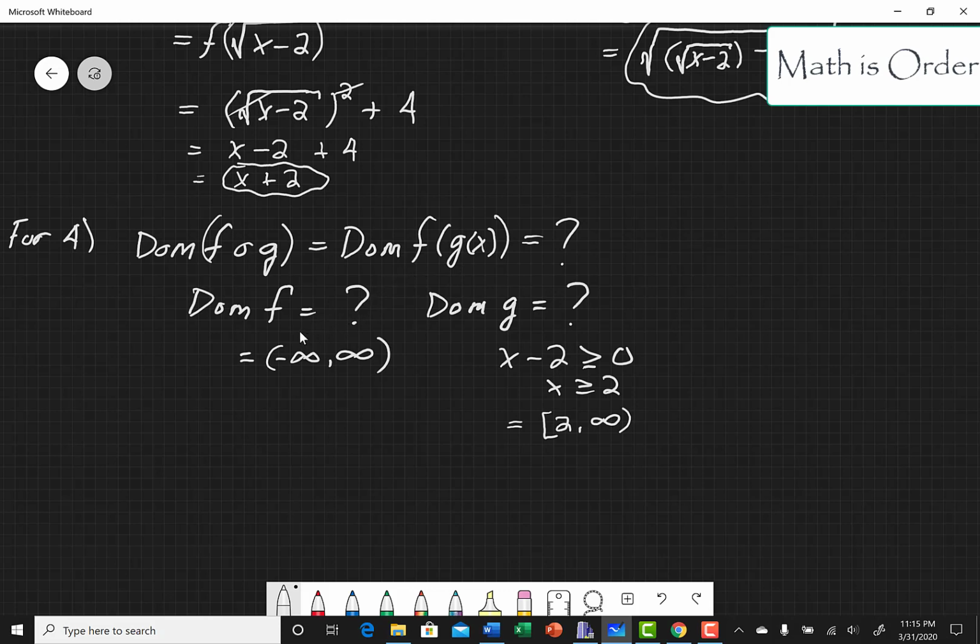But nothing is excluded from the domain of the outside function. The outside function can be any real number, so the domain of the composition function is going to be just what's excluded from the inside function, g. All right, so the domain of f composed with g is [2, infinity).